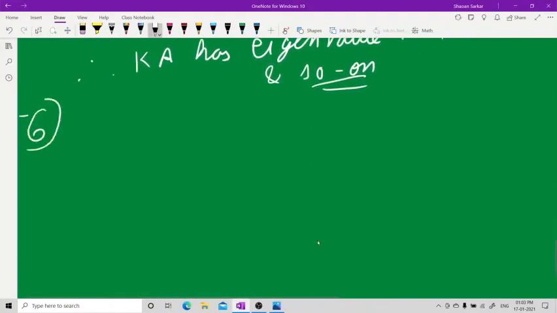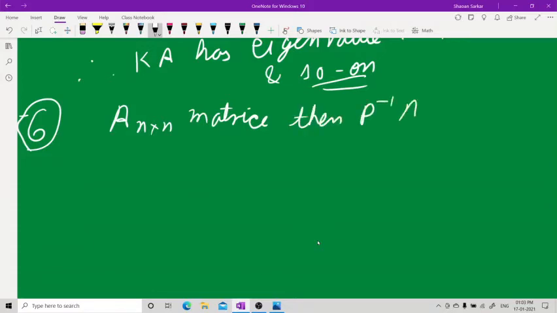That is, if A is an n cross n matrix, then P inverse AP has the same eigenvalues.